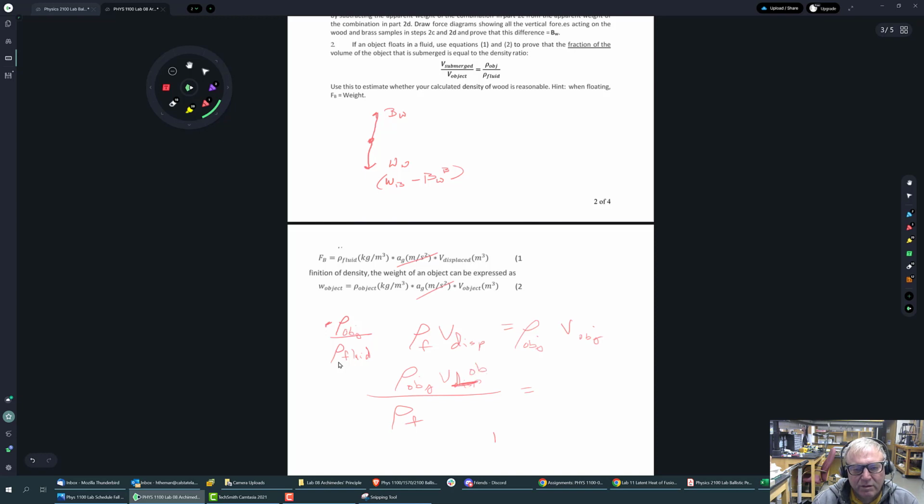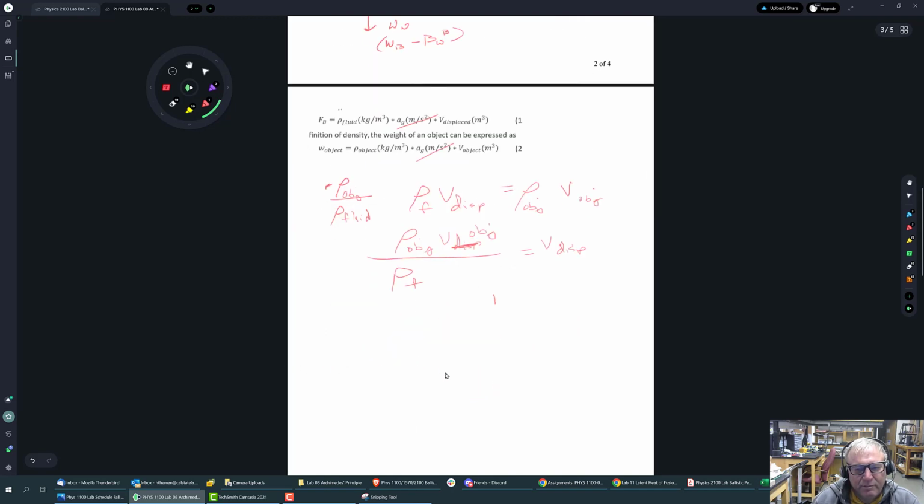Volume of the object equals the volume displaced. And now I divide both sides by V of the object, so I get rho of the object divided by rho of the fluid equals V, the amount that's submerged, what displaced, divided by the volume of the object. And that is what we would expect, because we did something like that.